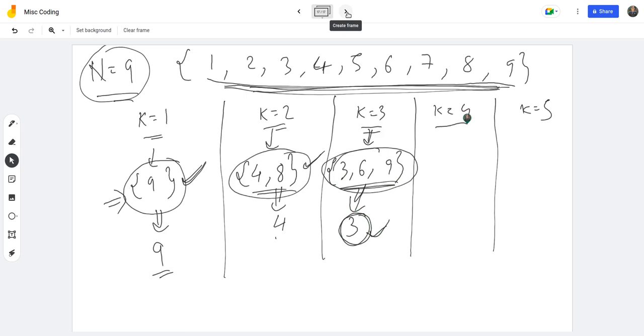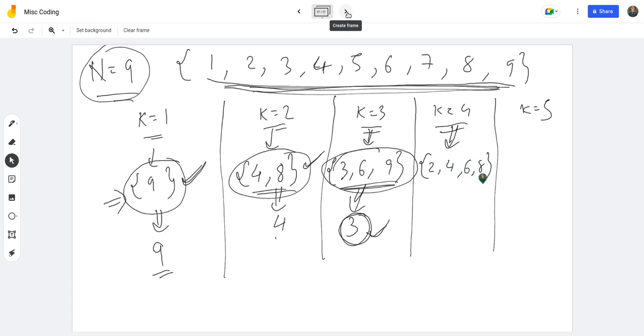So now let us also try for k equals to 4. For picking up the subset of size 4 and making sure that its GCD is maximum, you need to definitely pick up 2, 4, 6 and 8, right?